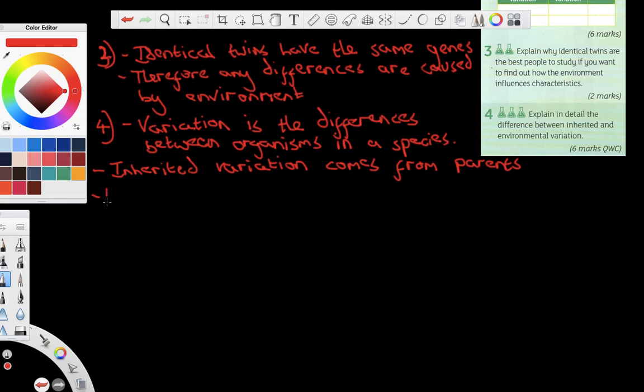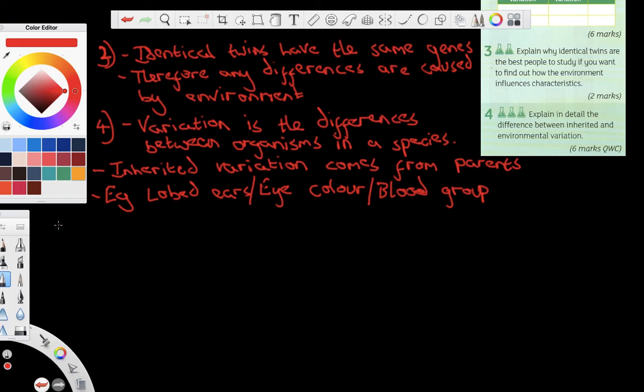So you could have put e.g. lobed ears, eye colour, blood group, that's for your third mark. You needed to give examples of inherited variation.